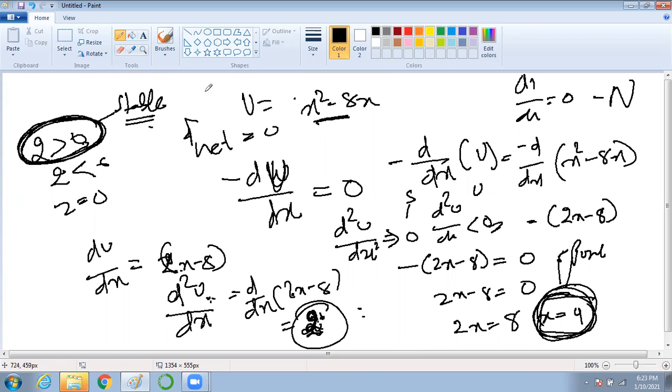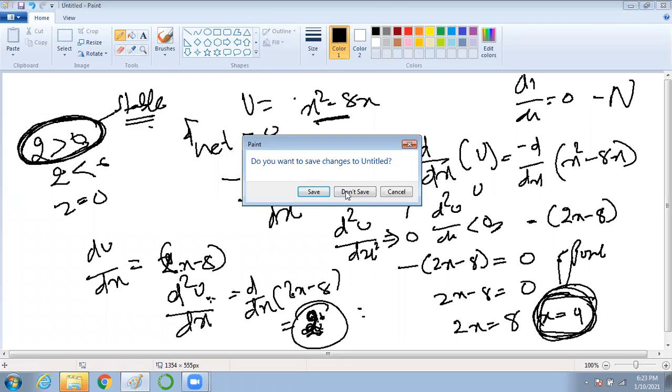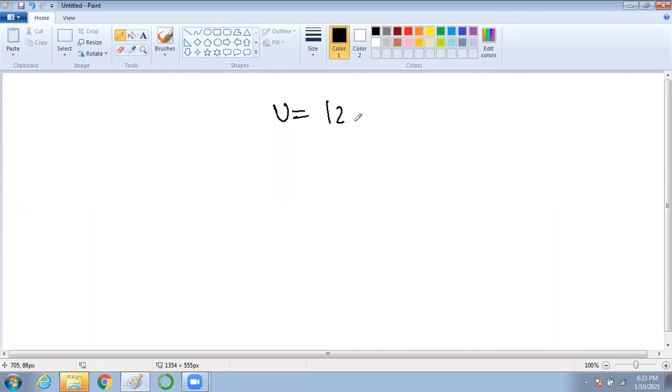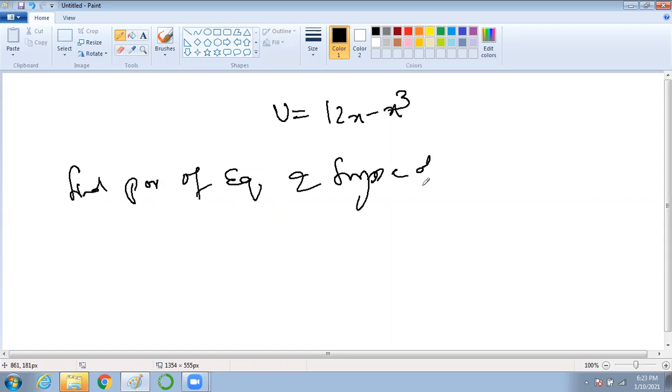So do one more. Now you do this. U is given as 12x minus x cube. Find the position of equilibrium and type of equilibrium. Find out. Try all of you.